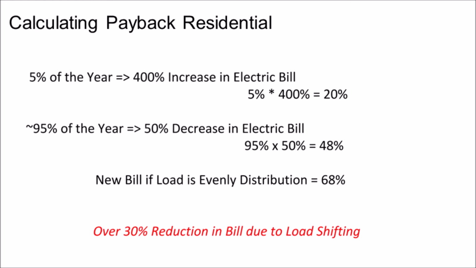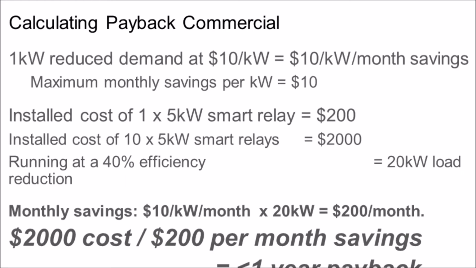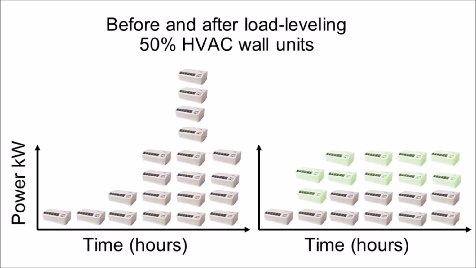On a commercial electric bill, the savings become even greater. A small commercial facility might be incurring a $10 per kilowatt demand charge on all power above 50 kW. Imagine a hotel owner has a series of 10 240-volt wall air conditioning units.